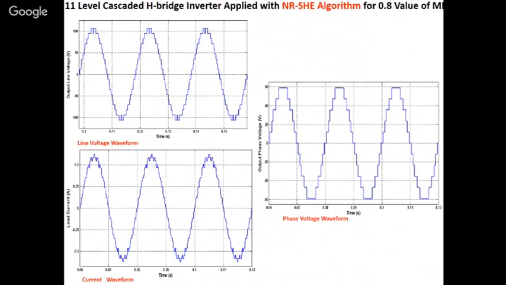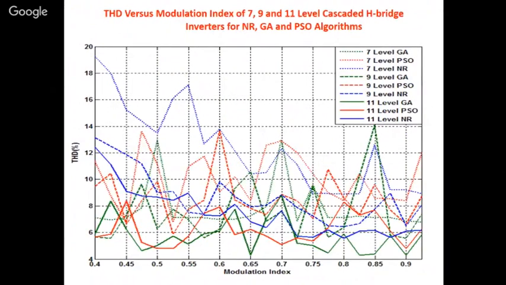And for the Newton-Raphson method, 0.8 gave the Newton-Raphson with 11 level, this red. So red was, I think here again, 0.8 maybe. Newton-Raphson method is dotted, is it? So we have to look at the dotted, the dotted blue.